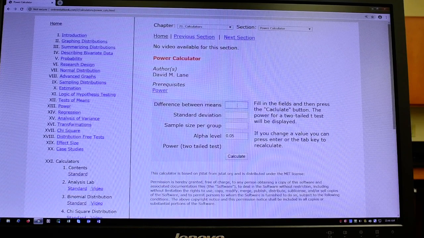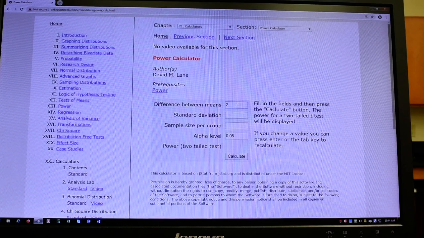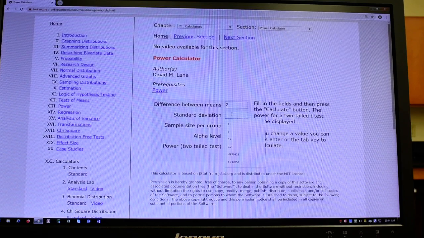For example, let's say we have a fertilizer and we want to know if it works. And we think that it makes plants maybe 2 millimeters taller, so not a lot, a pretty small difference between means. Now, we estimate a standard deviation for the two groups.